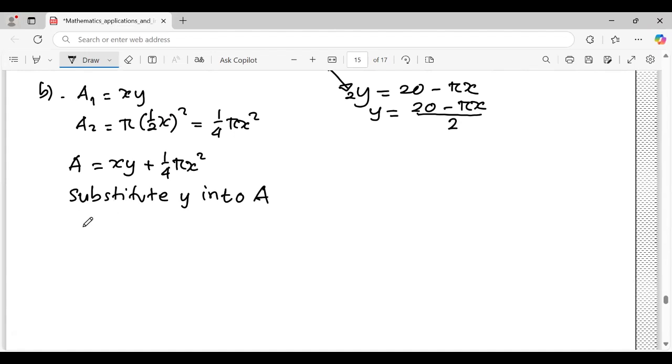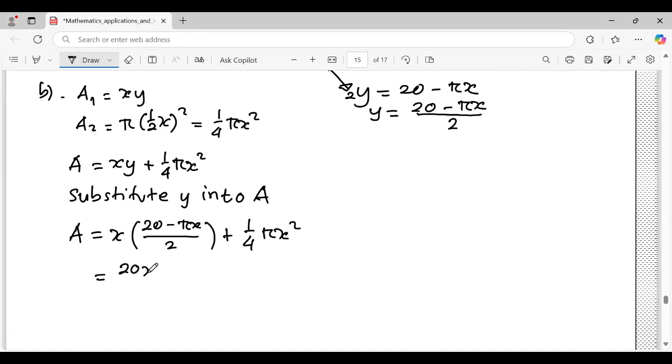So area equals x times 20 minus pi x over 2, plus 1/4 pi x squared.